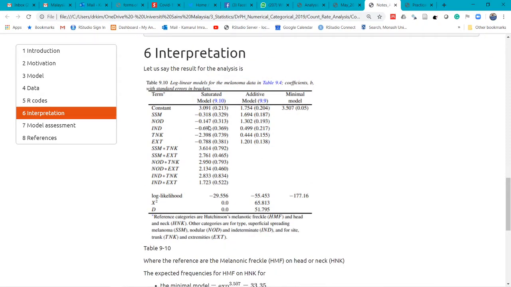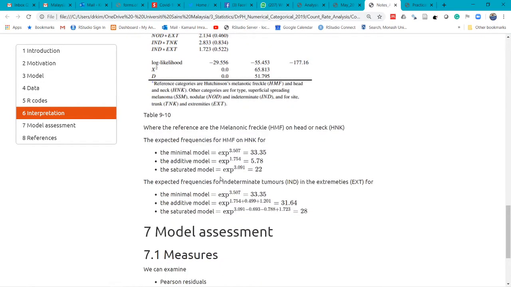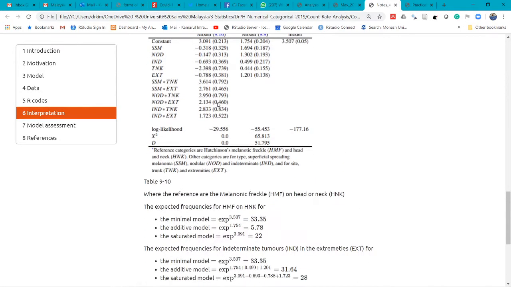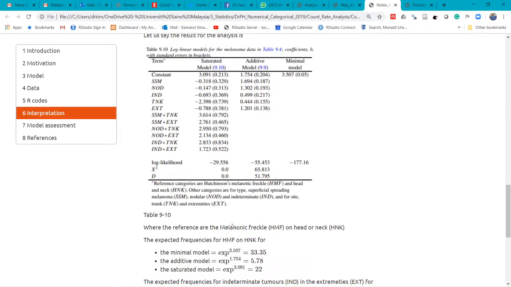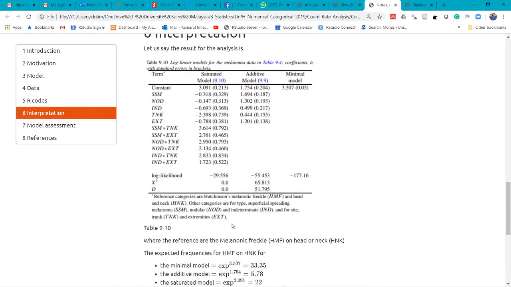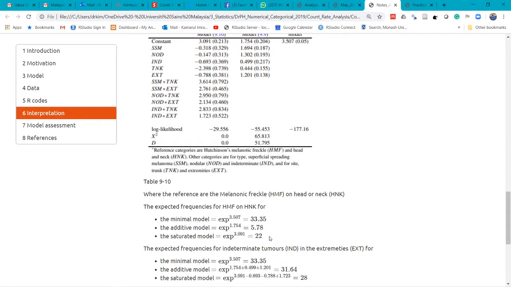The exponentiation of the values, for example, exponentiation of 3.507, you get 33.35. So this is the expected frequency with no predictors.